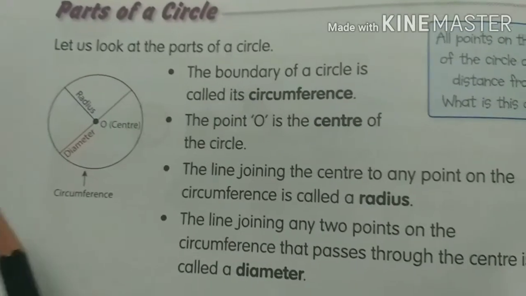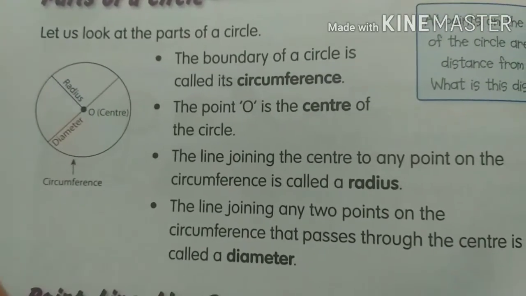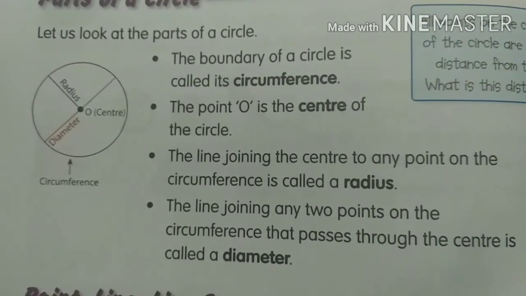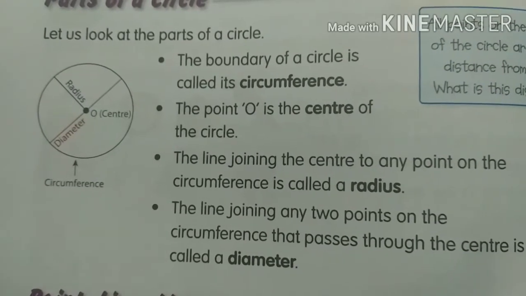Then the line joining the center to any point on the circumference is called a radius.